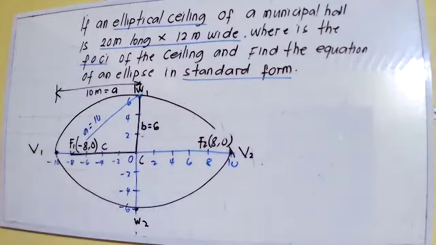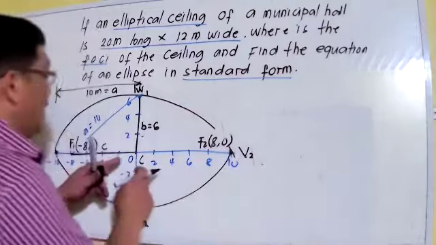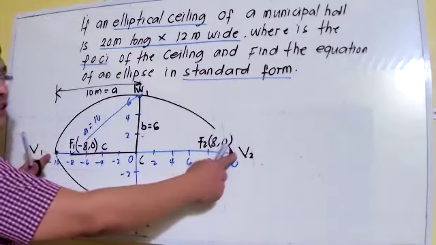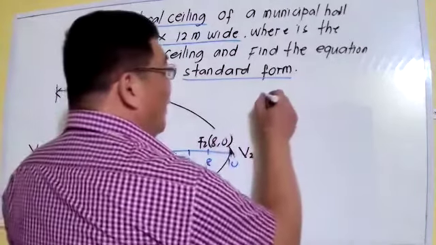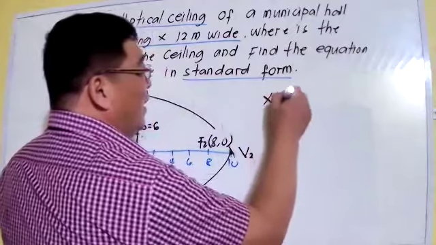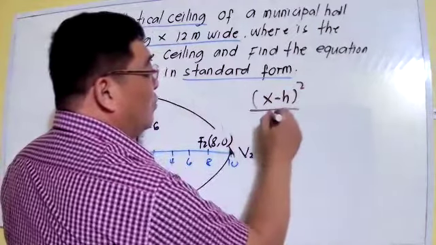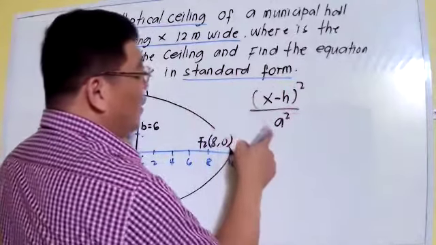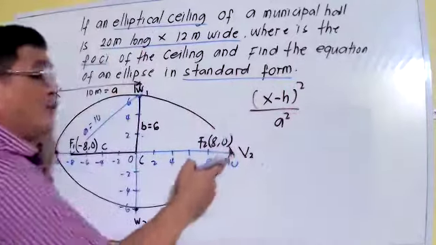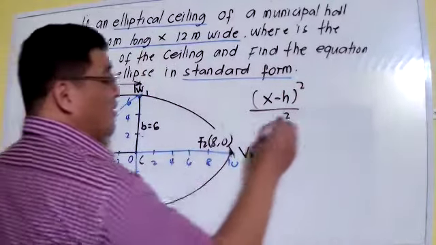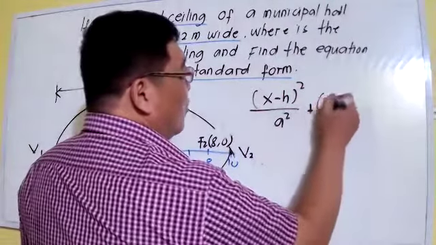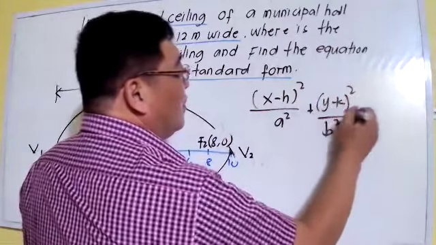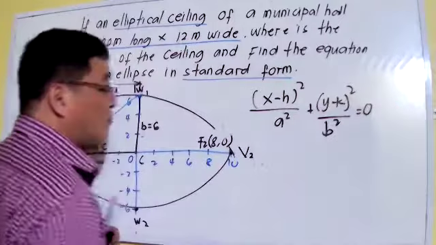Dahil nasa 0, 0 yung ating center, and yung major axis is horizontal, we have x minus h square over a square. Dahil yung a square yung pinakamalaking denominator, nasa ilalim siya ng x kung horizontal yung major axis, plus y minus k square over b square is equals to 1.